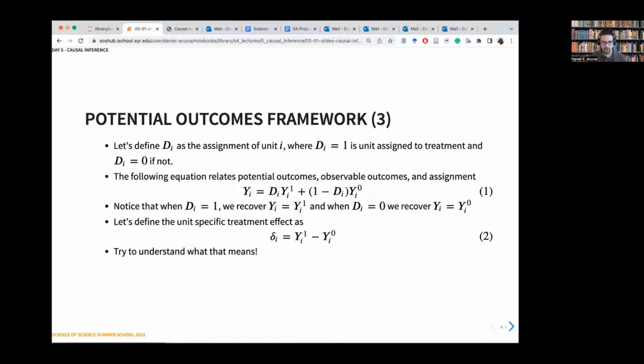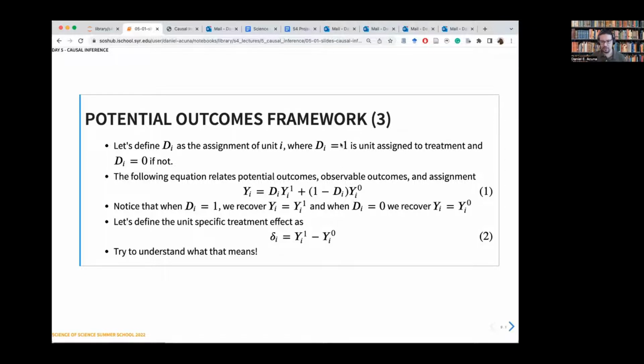So the outcome of someone, the observable outcome, which is Y subscript i, is going to be completely defined by this equation. This might be a little confusing, but basically, if someone receives the treatment, Di will be 1, so the observable outcome will be Yi1.